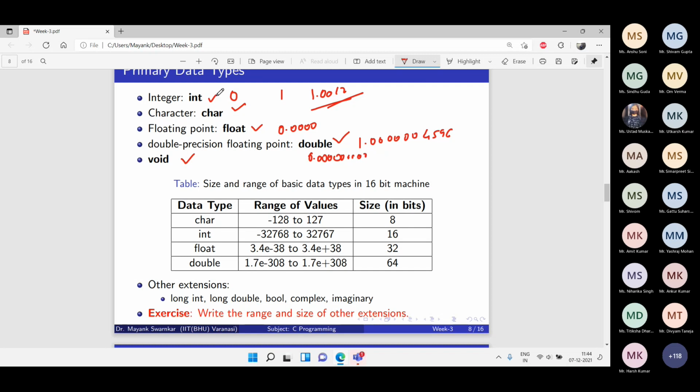It depends how you define it. If you define as int, it will be 0. If you define as float, it will be like that. If you define double, it will be like that. And obviously negative values are also allowed for all. That means decimal is important for float. If you don't keep it, there is a type conversion also. We'll come to know. Okay, so currently this is the meaning.